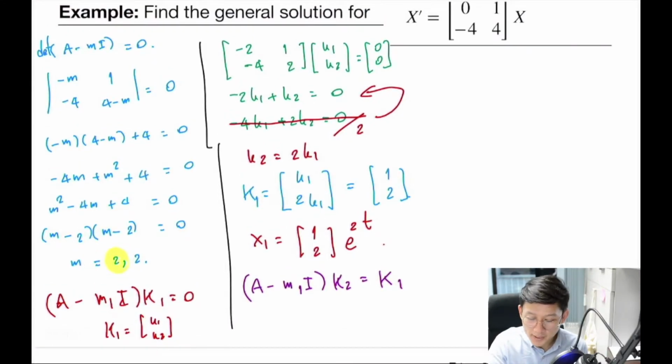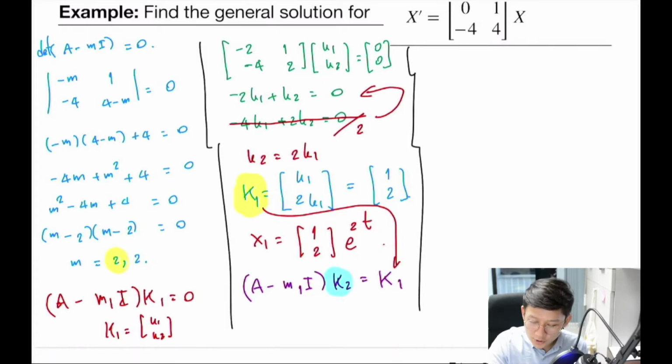Basically we obtain this k1, and we put this k1 in here instead of 0. It should be 0 in the original equation, but here we put k1 there, and we want to find k2 here.